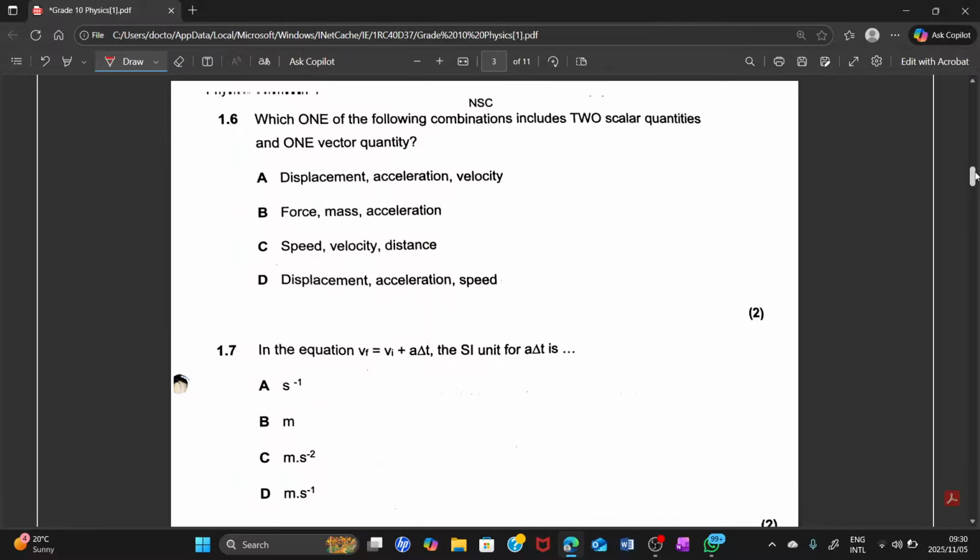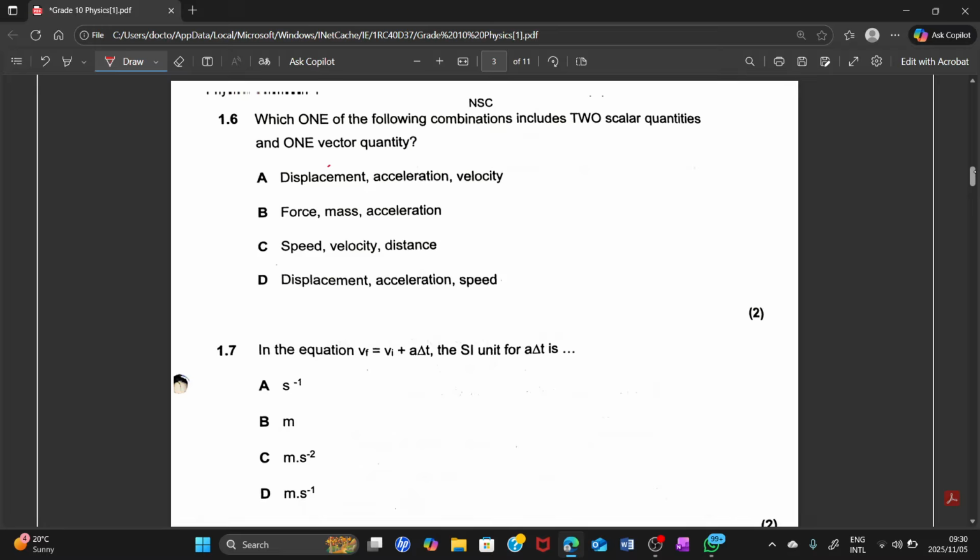Which one of the following combinations includes two scalar quantities and one vector quantity? Remember, a scalar doesn't have what? A scalar doesn't have direction. A vector has magnitude and direction. Now let's look at this one. I'm analyzing them.